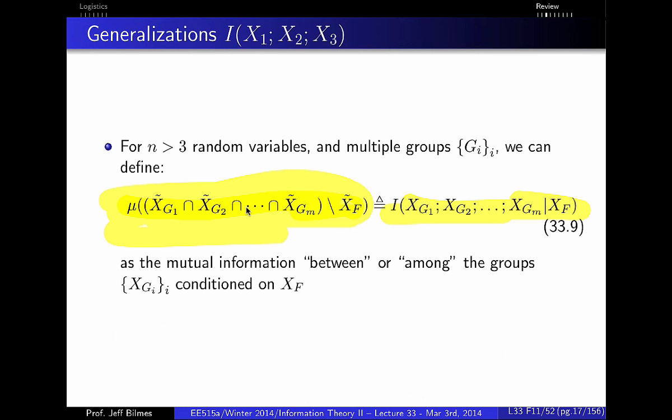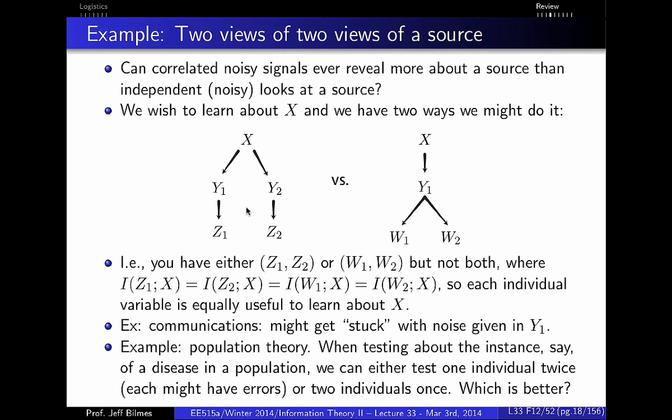And that's a useful quantity. We saw one instance of how it can be used, and in some sense this is a form of very simple network information theory. We wanted to ask whether it would be good to have two separate, noisy views of a source X, or two noisy correlated views.